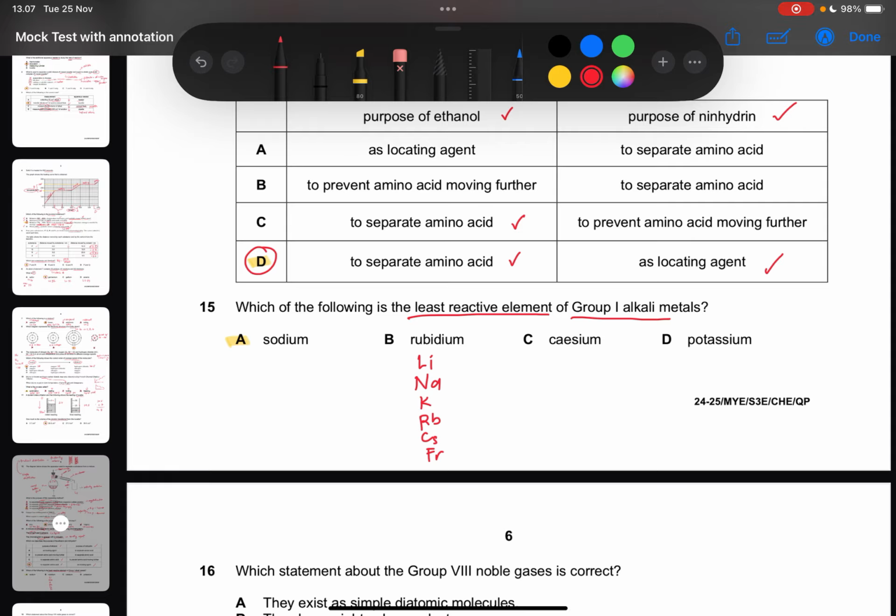And the more reaction it is, it means it is our most reactive element. Actually, it's the cesium and the francium that are the most reactive. They are the ones that will create explosions, so they will react vigorously, while the lithium is our least reactive. So which is the least reactive? Based on our choices, that will be sodium.